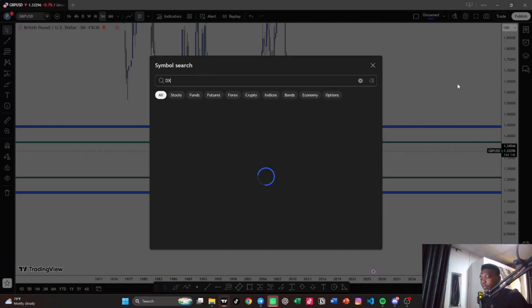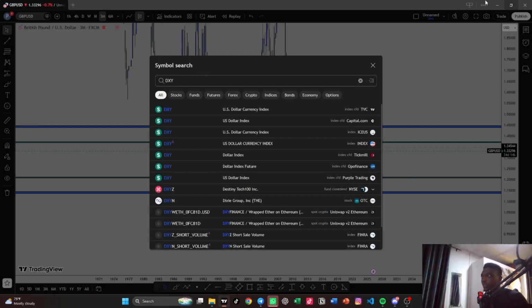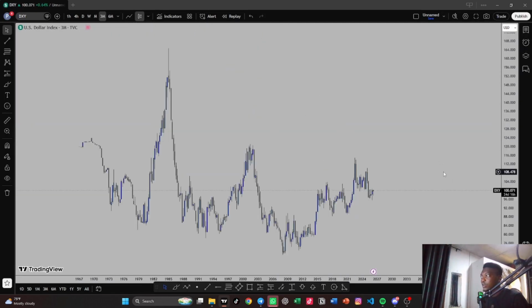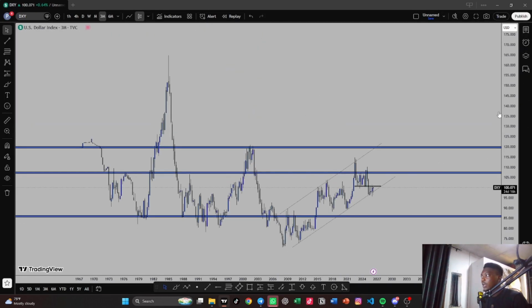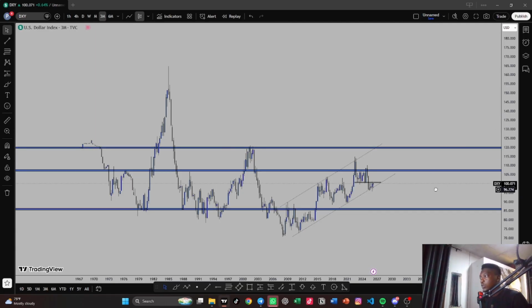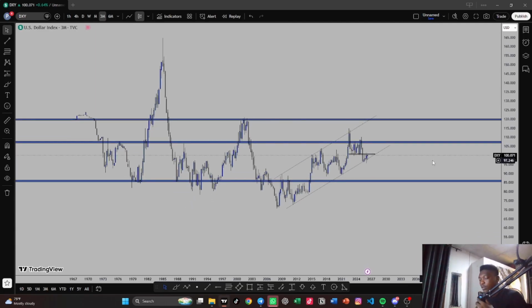But before I start from here, I would like us to check DXY. If you are a beginner trader and you don't know what DXY is, then it means you still need to learn. This is what we have on DXY. How do we use DXY? We use DXY to measure the strength of the dollar.